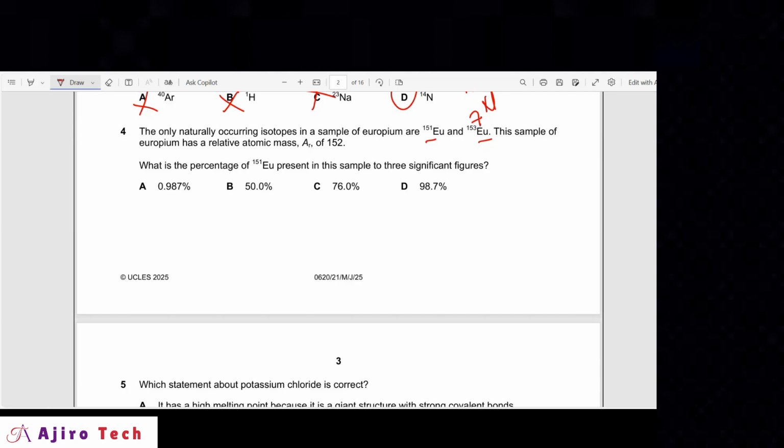Okay, so remember the formula: the relative atomic mass is the sum of the percentage abundance times the mass of each isotope involved, and then we can compute that. We've done a couple of videos on this before. So we'll just pick out the relative atomic mass, which is 152, already given.